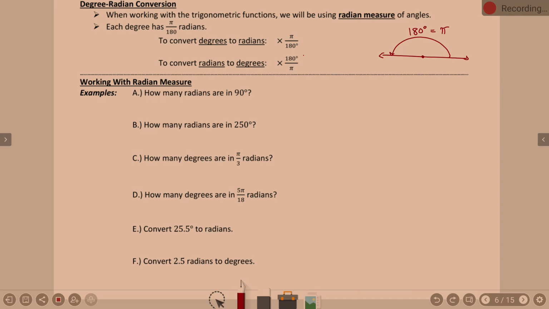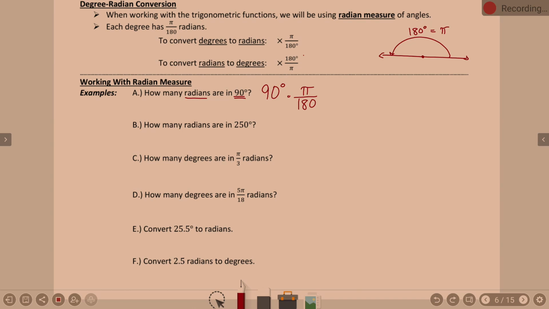How many radians are in 90 degrees? Okay, we're trying to take 90 degrees and change it to what? Radians. How do we go from degrees to radians? You multiply by pi over 180. I'm not looking for a flat out decimal answer. Here's what I would think.